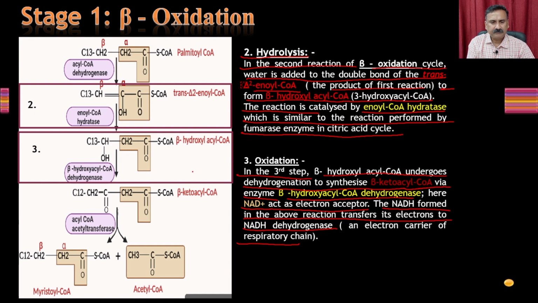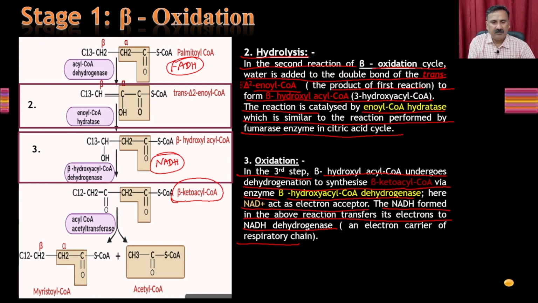So in the third step, you produce another molecule of NADH. In the previous step, you produced FADH2; in this step, you produce NADH, and it also produces beta-ketoacyl CoA.